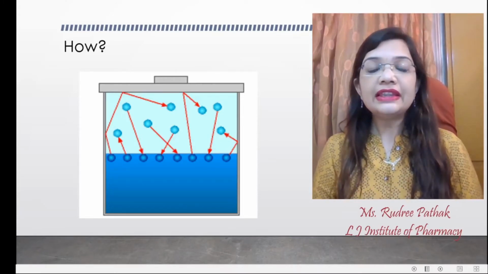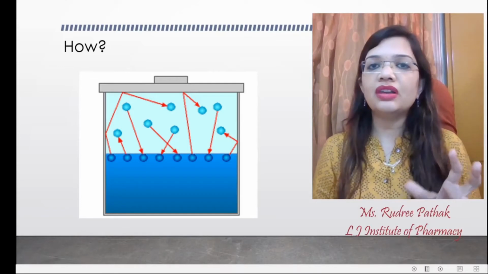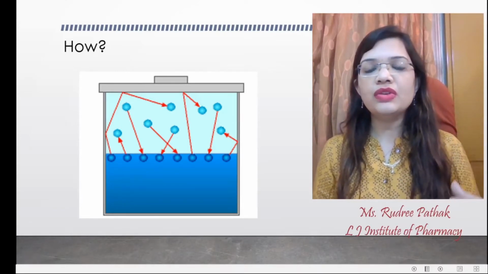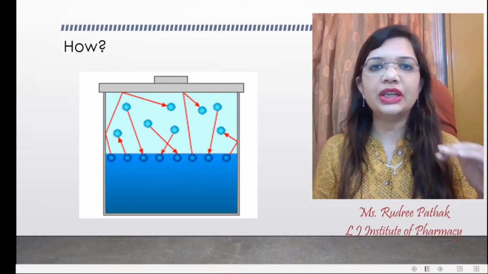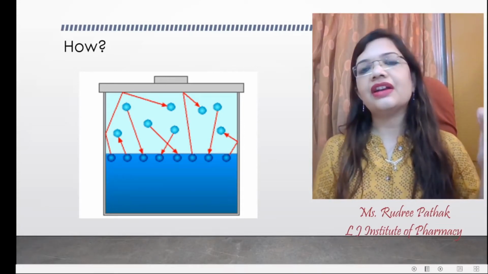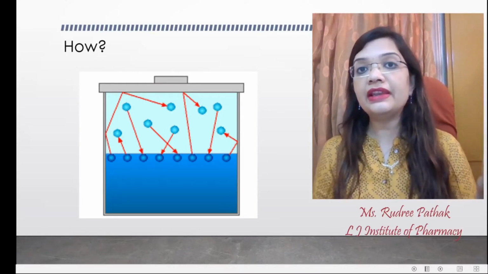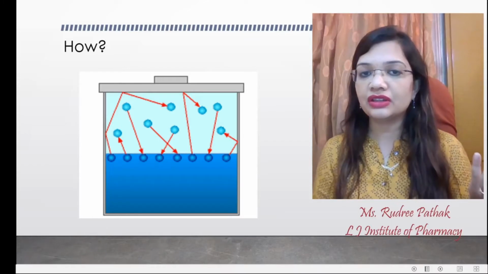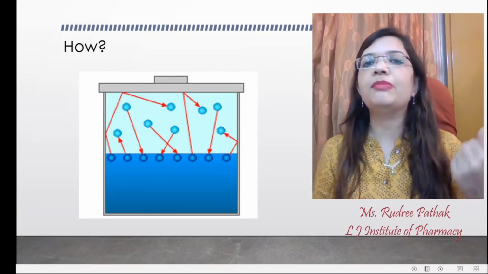As you can see in the diagram, the container has a blue colored liquid, and it is shown that the molecules present at the topmost layer of the liquid are trying to escape the liquid surface. It ultimately exerts the pressure which is shown by the gray colored lid region. This particular phenomenon is known as vapor pressure.